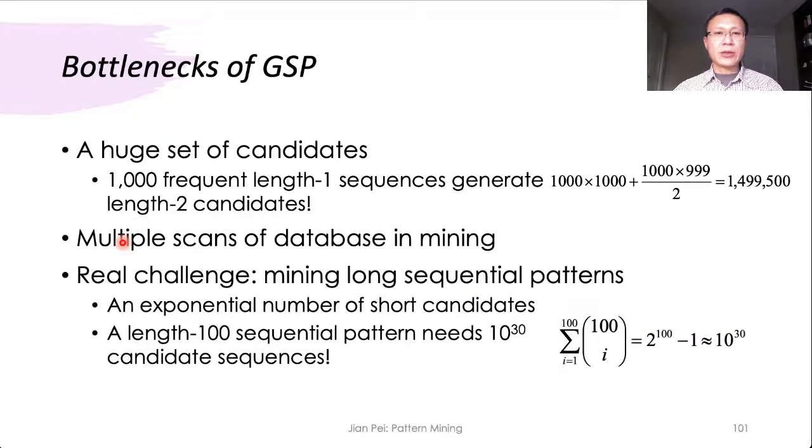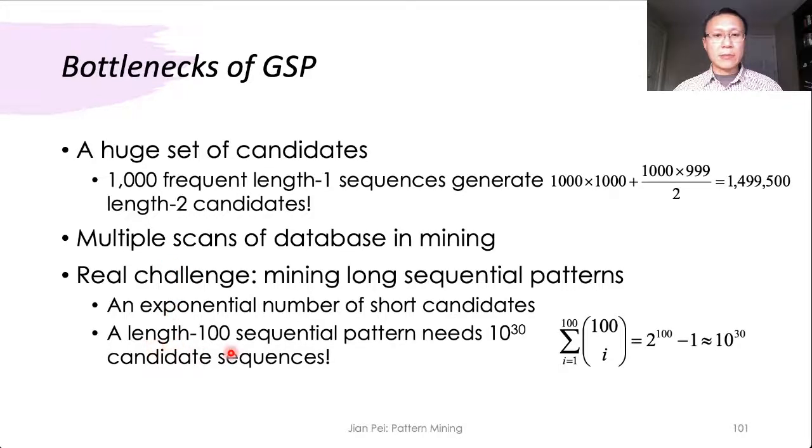And also, GSP has to conduct multiple scans of the database in the mining process. If a database contains some long sequential patterns, then GSP has to conduct many scans and also produce an exponential number of short candidates.